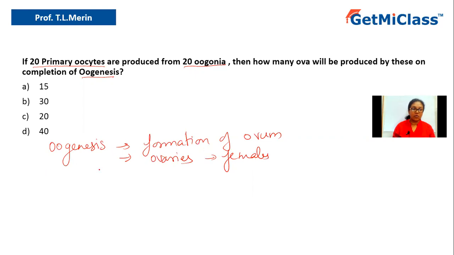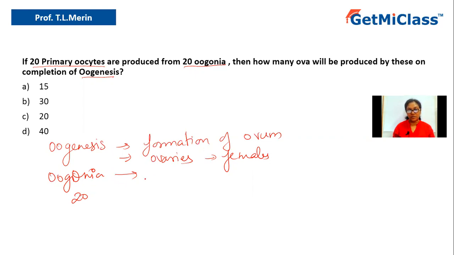Now in the ovaries there are special types of cells which are called oogonial cells, or you can say oogonia. They are telling that there are 20 oogonia, that means 20 oogonial cells are there. Each oogonial cell will undergo the first meiotic division, but it will not complete it.